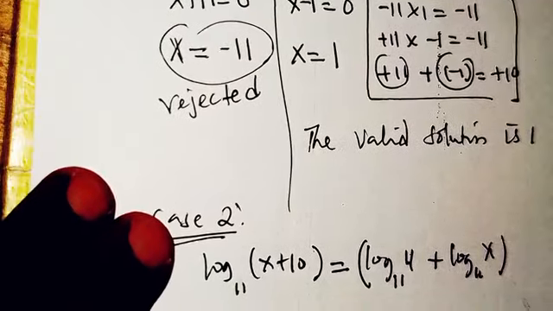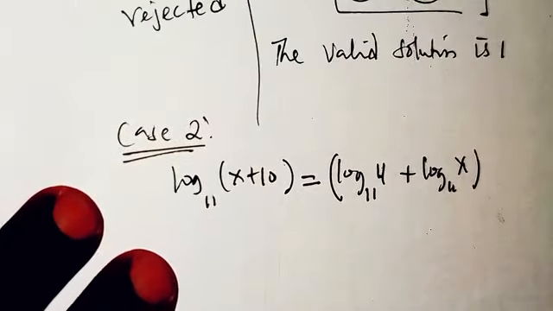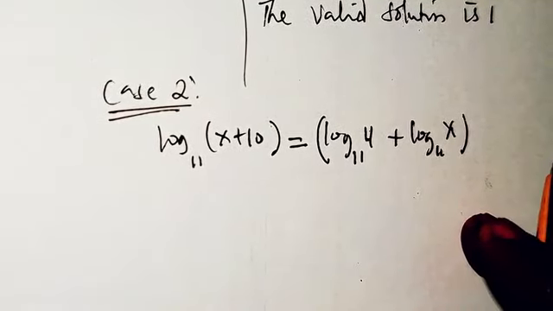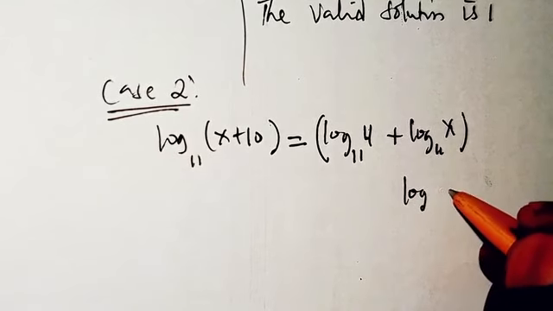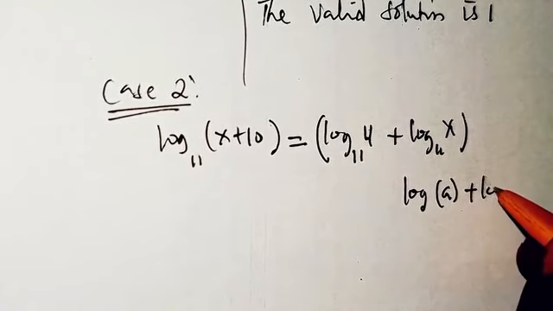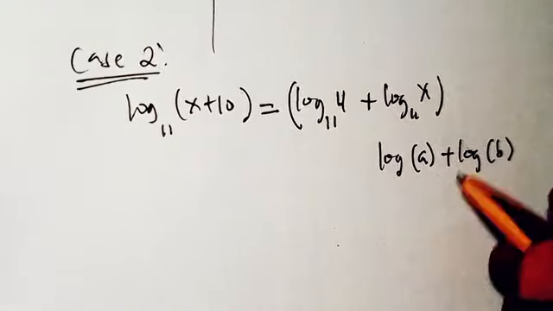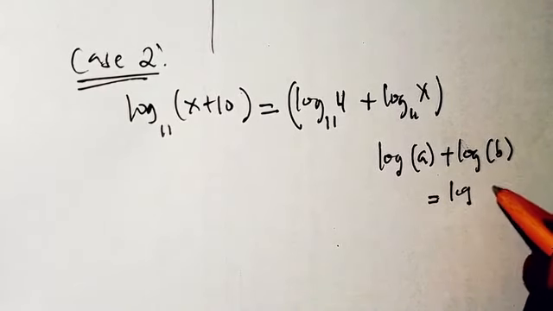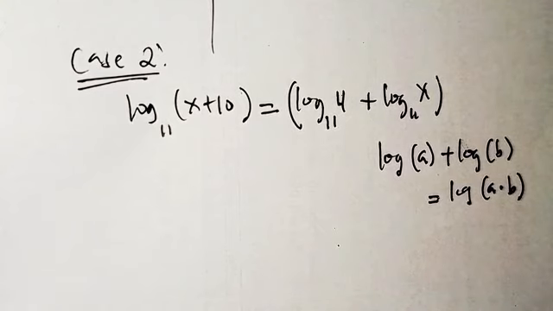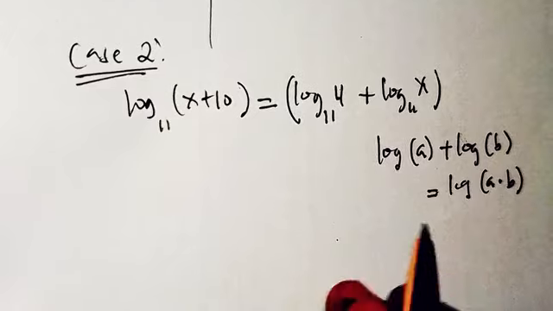So what are we going to have? Let's solve that further. From the law of logarithm, when you have log a plus log b, this will give us log a times b. So we are going to do the same thing here.